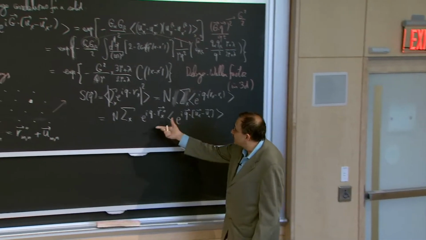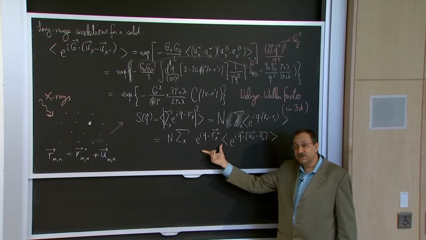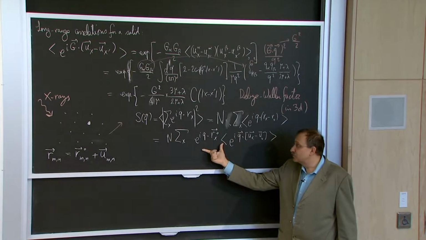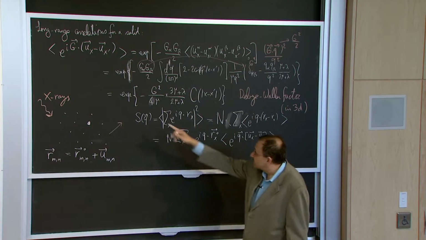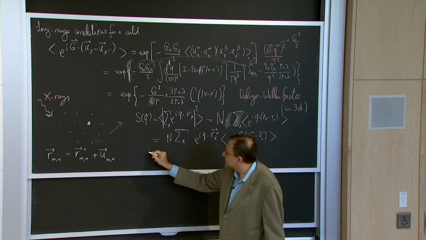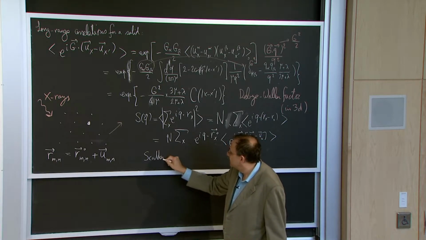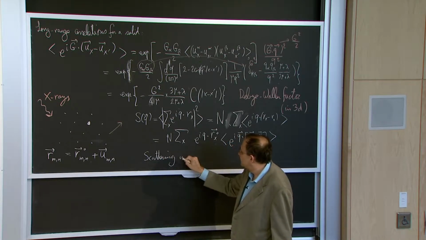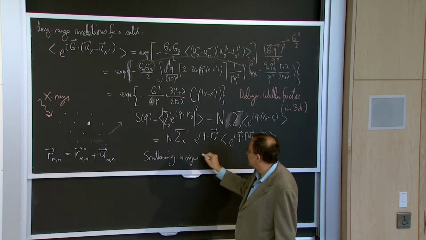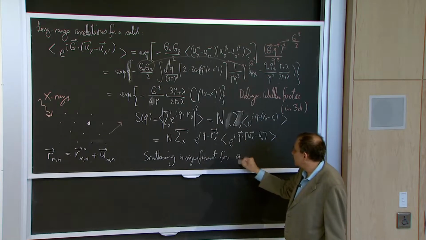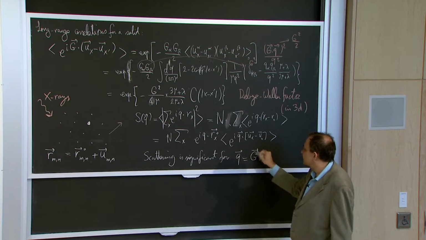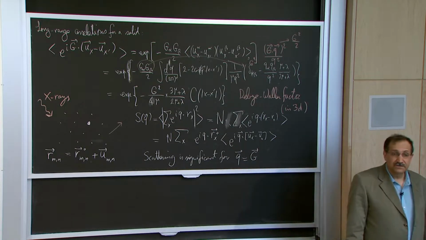So the only time we're close to 0 temperature, you expect significant scattering is when Q is one of these inverse lattice vectors.